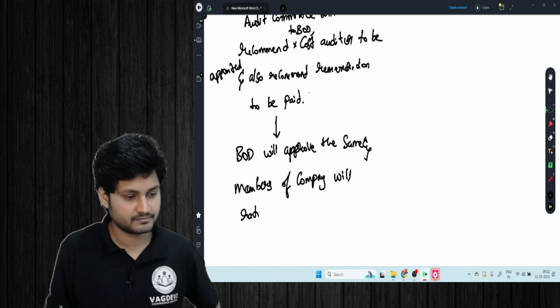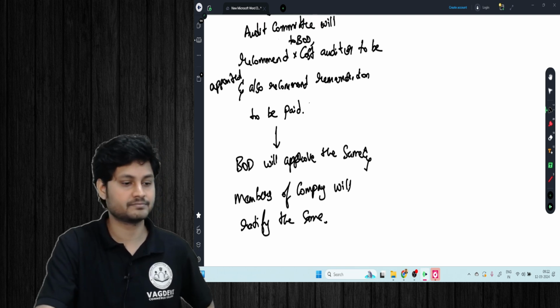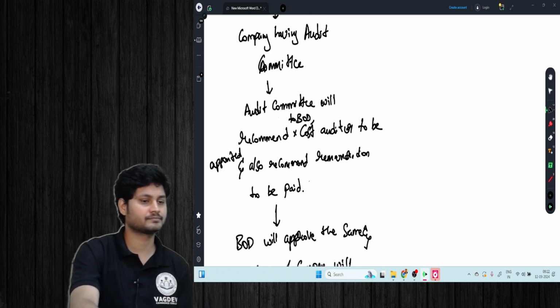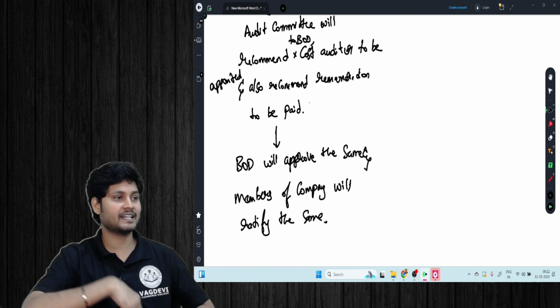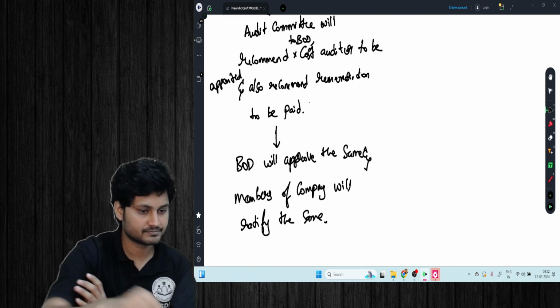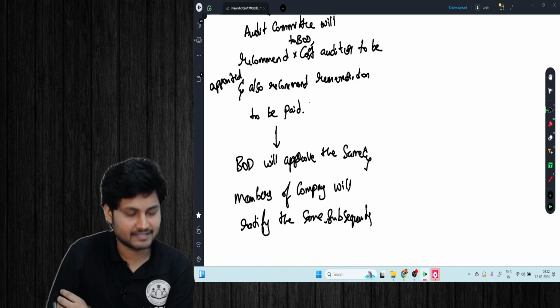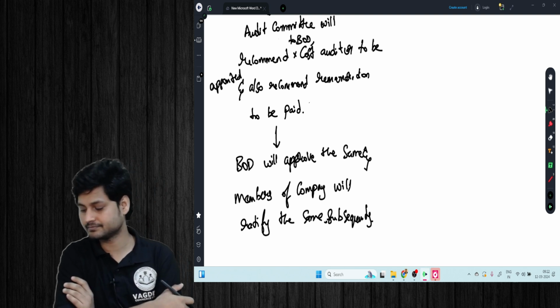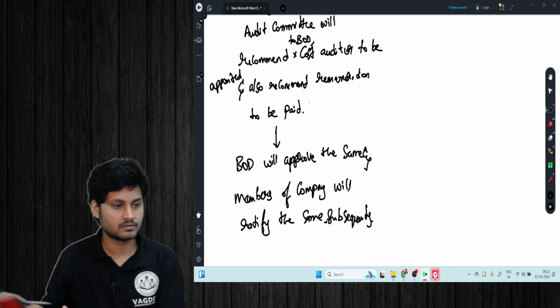Ratify the same. Easy. Board of directors will approve the same and the members of the company will ratify the same subsequently. Very easy. Simple.